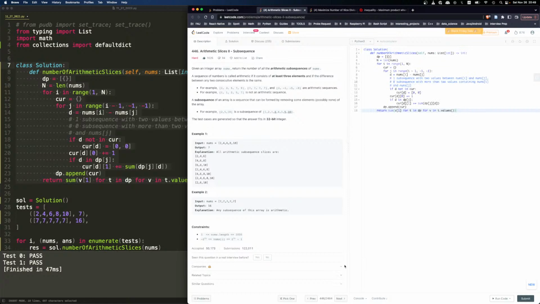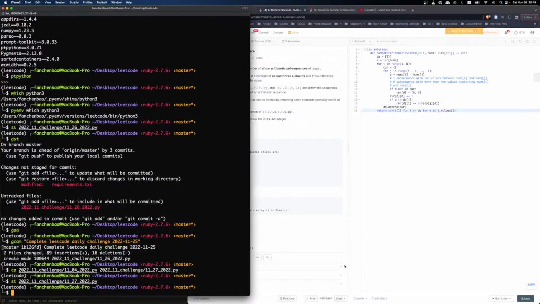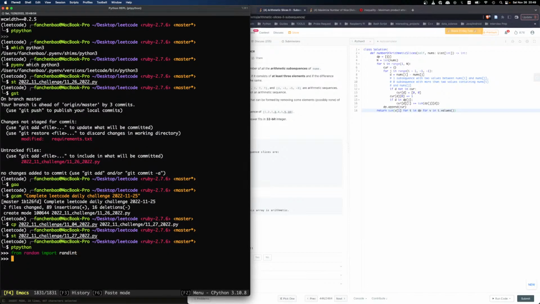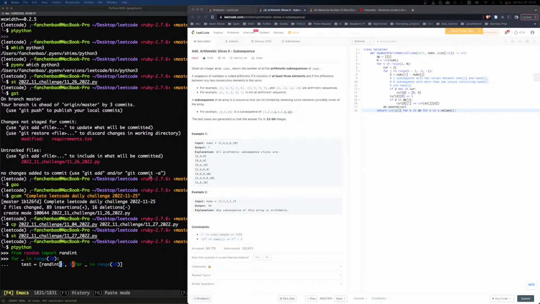Can we play with some, okay, old habit. Let's do 10 random, and then we just need to print, okay, test equals to this. Let's do 10, and let's do randint 1 to 10. Oh, actually, you can go minus.